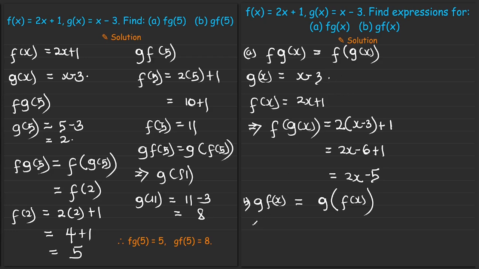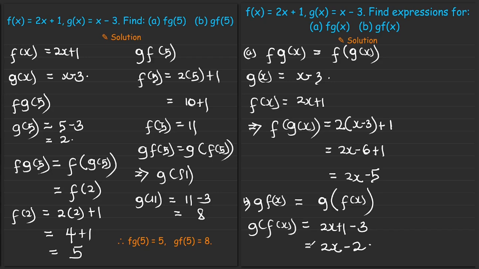So that is to say, our g of f of x is going to be, first of all, let's write all of x. And all of x now is f of x. So f of x, which is 2x plus 1. So 2x plus 1, that is in place of the x, then minus 3. So minus 3. Simplifying further, we have 2x, then minus 2. That is all.